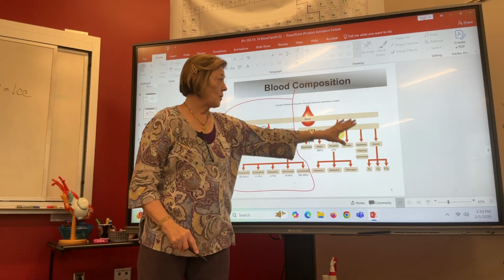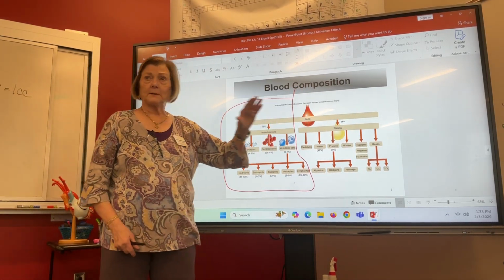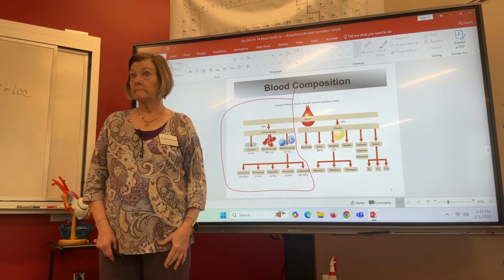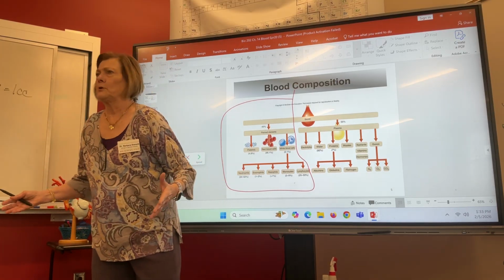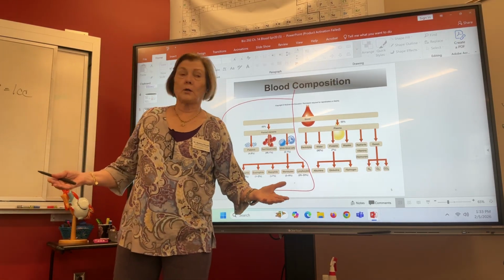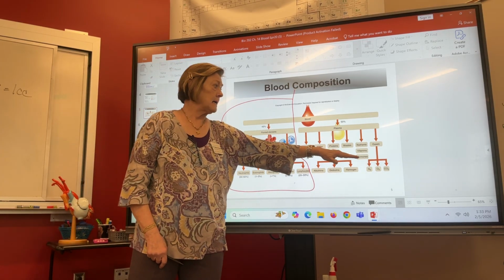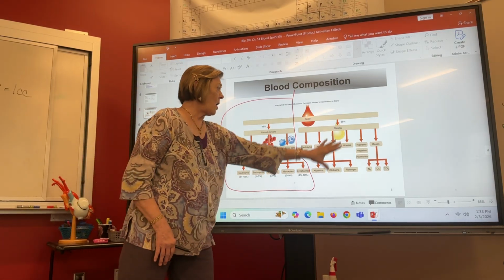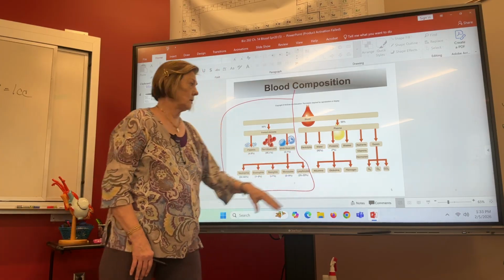We're going to talk about plasma, and the first thing you're going to see is that most of it's water. I don't care if you know 92%, I just want you to know most of it's water. Then we're going to look at each thing floating around. So all of this is our lazy river, and this is the watery part.